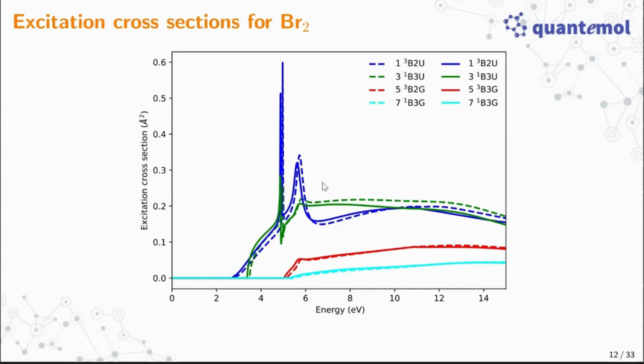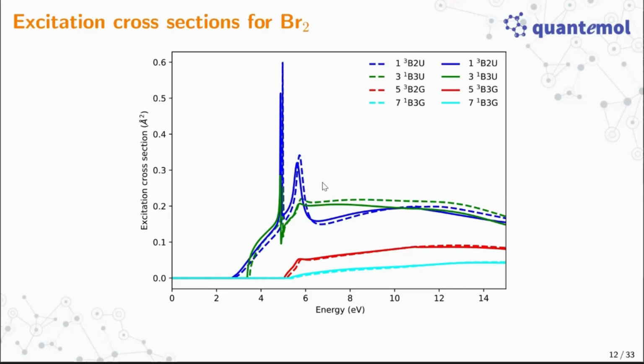I also calculated excitation cross-sections. These are the excitation cross-sections for the first few excited states of Br2. Again, dashed lines are the all-electron, solid lines are the ECP calculation. And again, everything looks in very good agreement here. The general features, including resonances, are all captured in the same positions, which you sort of expect in the system.